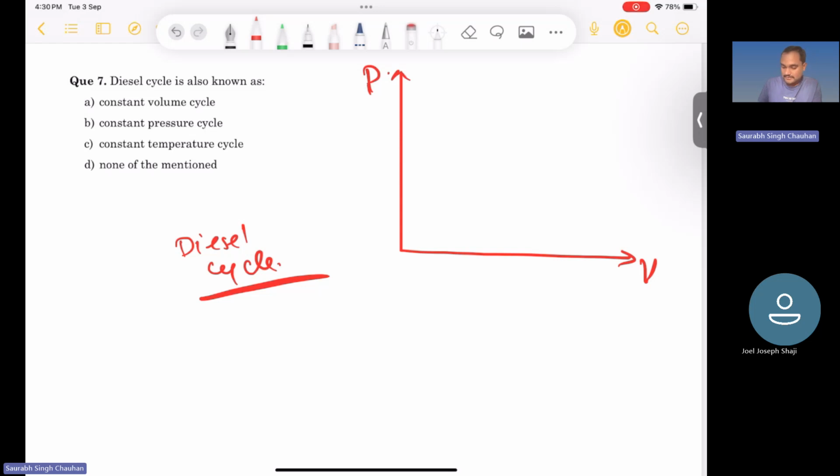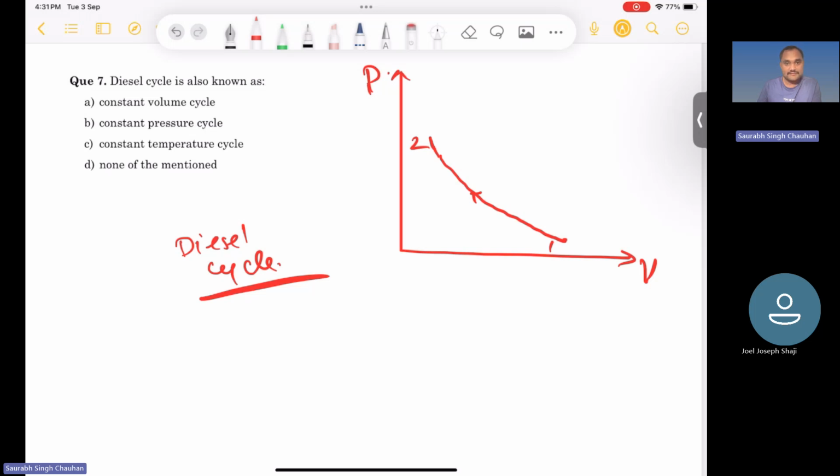So first there will be an isentropic compression. I should make it a little something like this. Okay, this is isentropic compression.